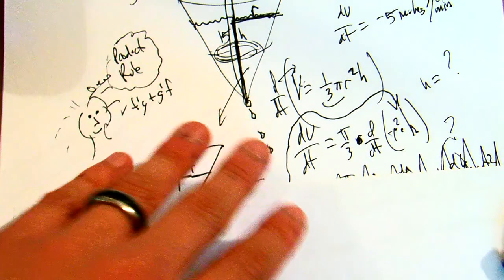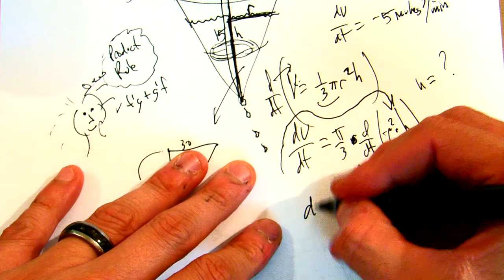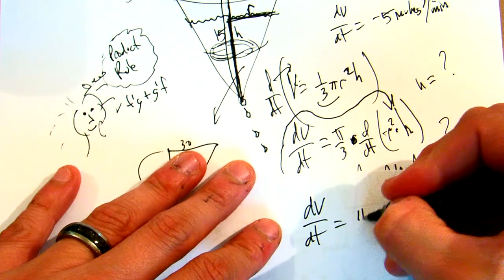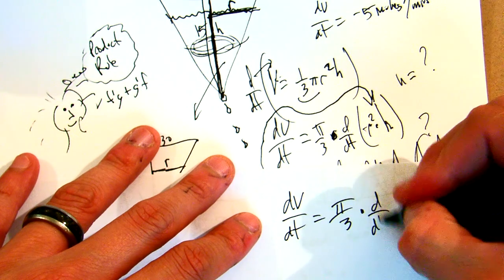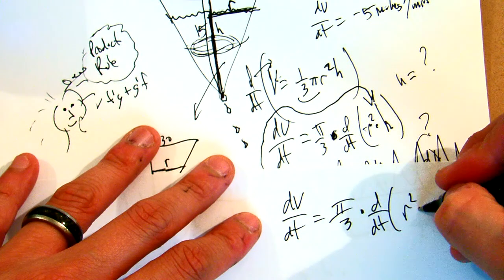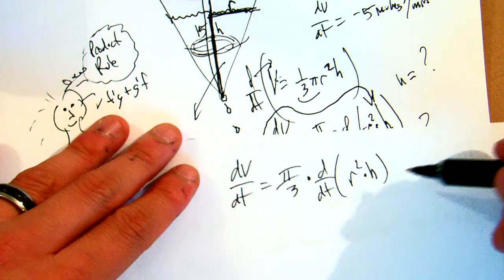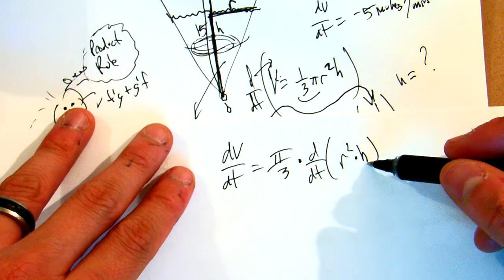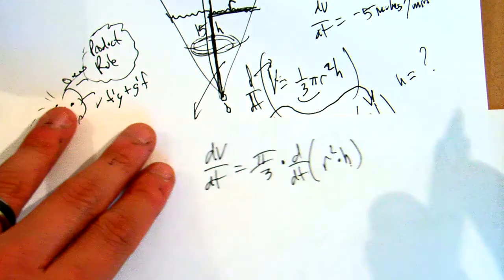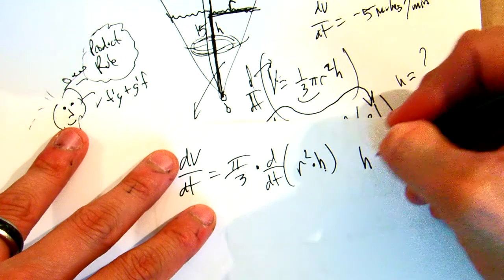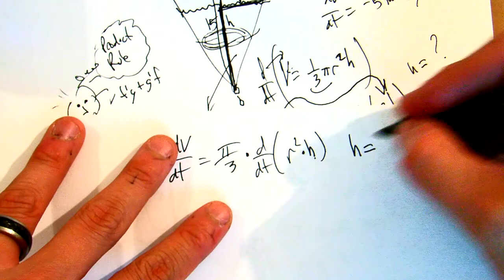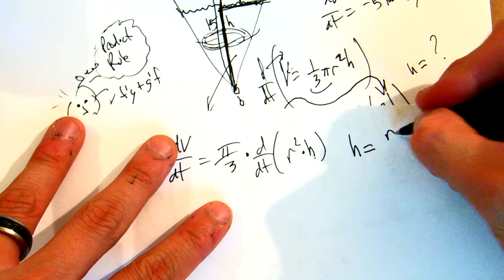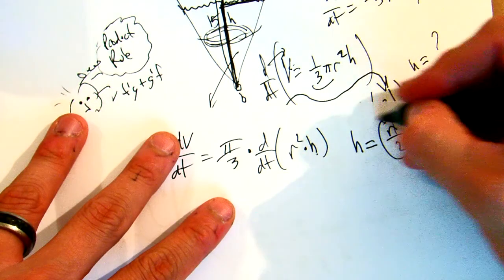So what I have so far is dV/dt equals pi over 3 times d/dt of r squared times h. Remember, we don't want to take the derivative of this yet because we will get dh/dt and we don't have that. So we're going to use our other equation that we acquired from similar triangles, which is h is r over 2, and plug that in for h here.